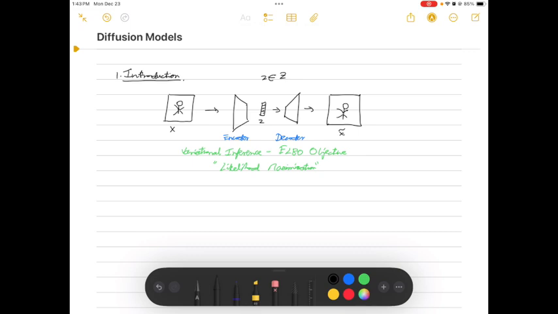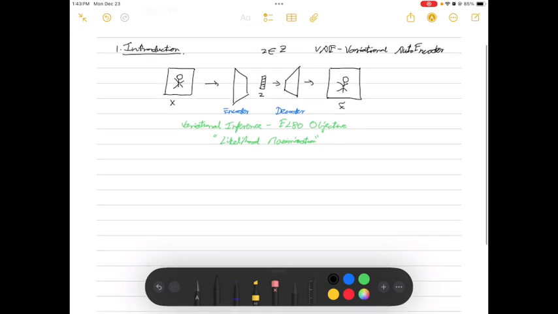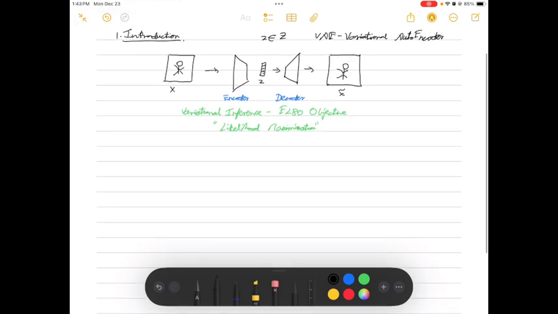So that's the VAE model, or the variational autoencoder, which is the bedrock of diffusion models. And diffusion models have a similar architecture of using an encoder and a decoder to compress or transform data and then generate samples from that transformed space.